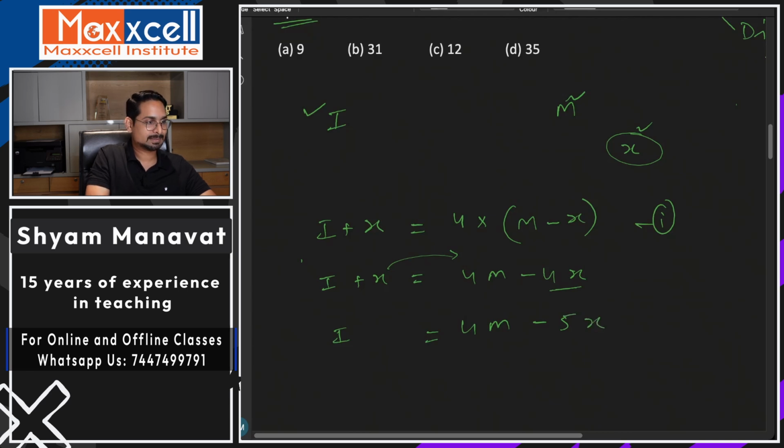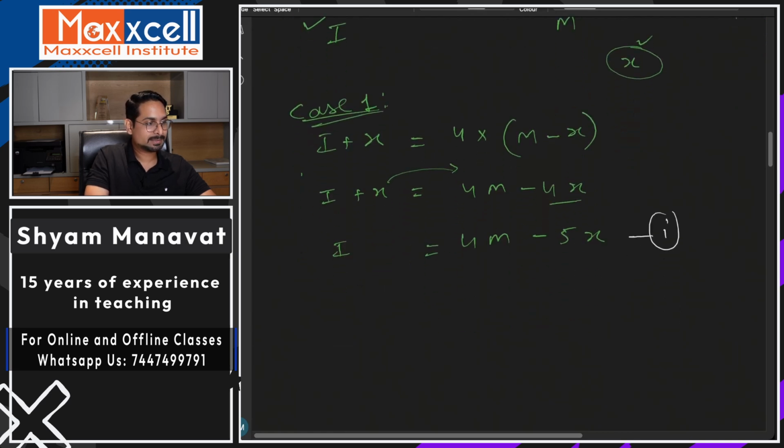Let's call this equation number 1 instead of the earlier one. That was only the formation of the equation using the first condition. Let me call this case 1. Are you clear with this? Yeah. Second case.